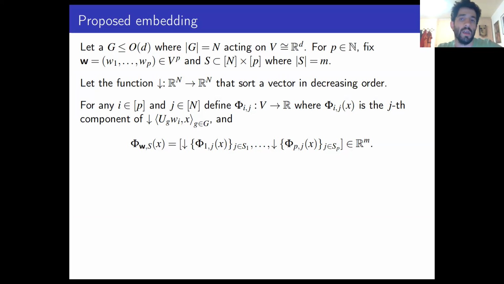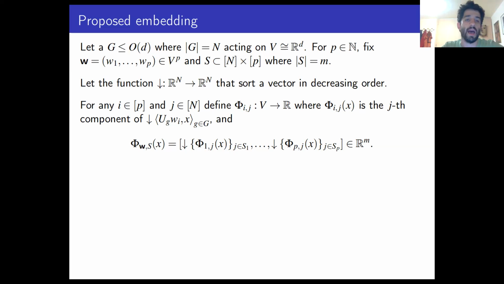Then for a number P, we fix some windows W1 to WP and a subset S of capital N times P, where this subset has cardinality N. We also define the truncate function that just takes a vector and sorts it in decreasing order.